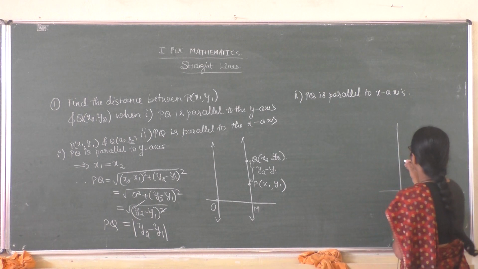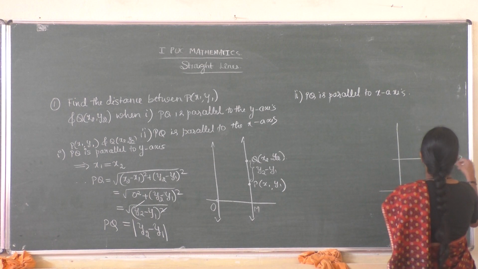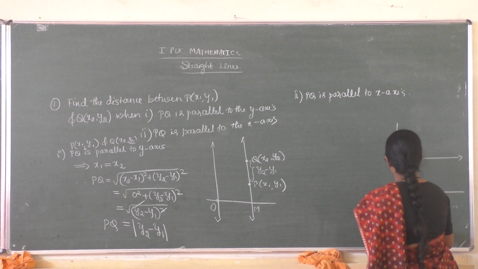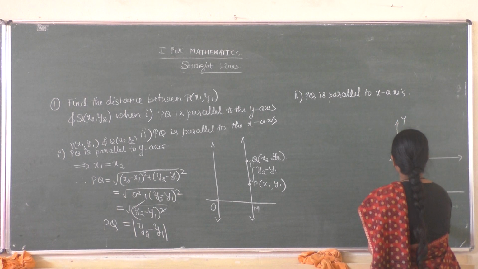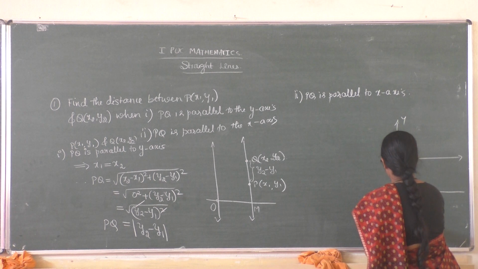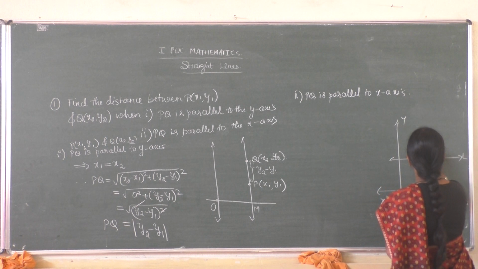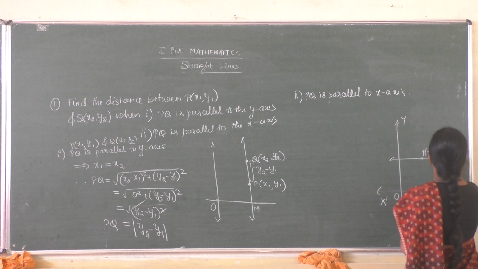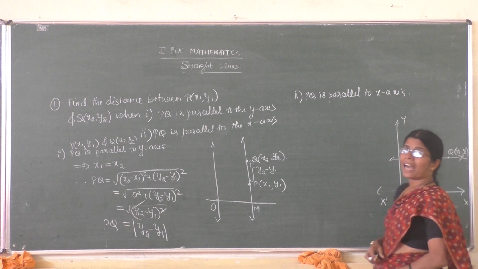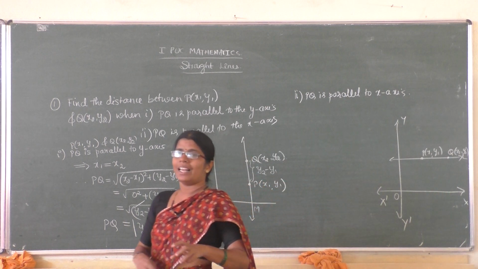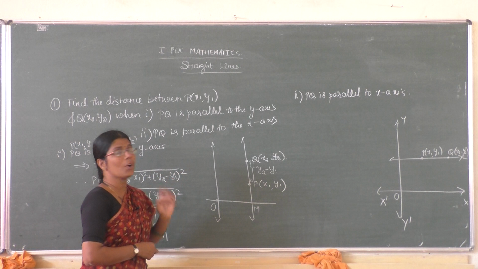Here also the line is parallel to the x-axis. So we take P of x1 comma y1 and Q of x2 comma y2. When a line is parallel to x-axis, then what do you have? Y coordinates are equal.